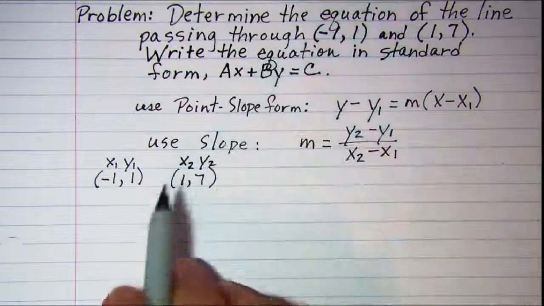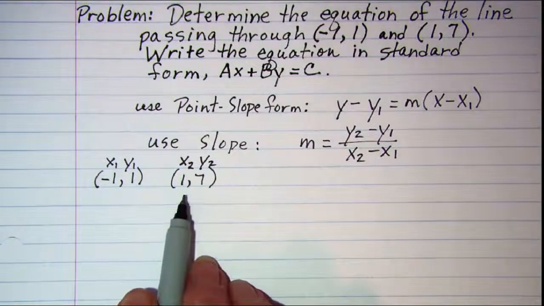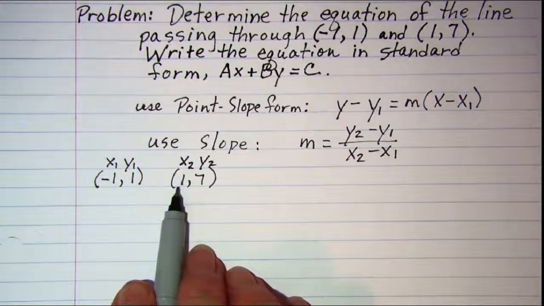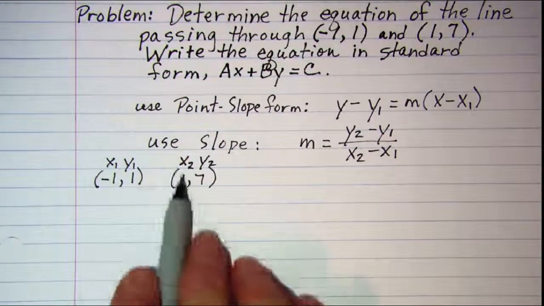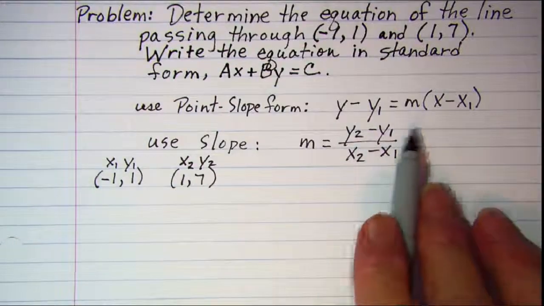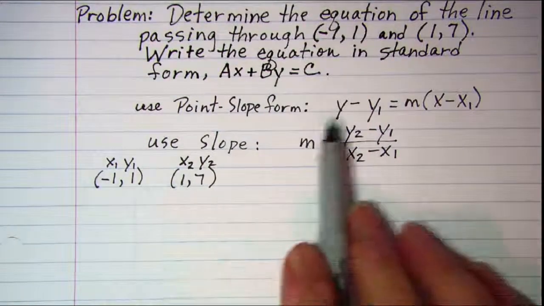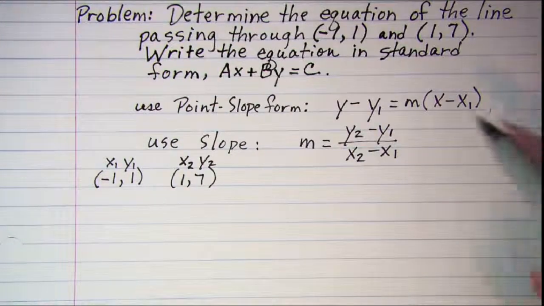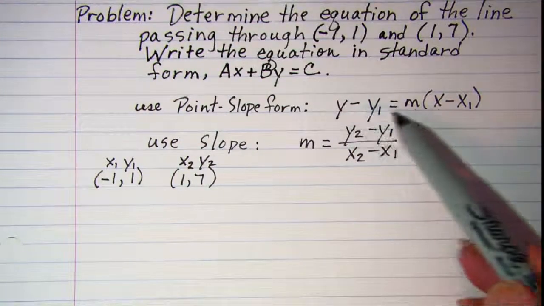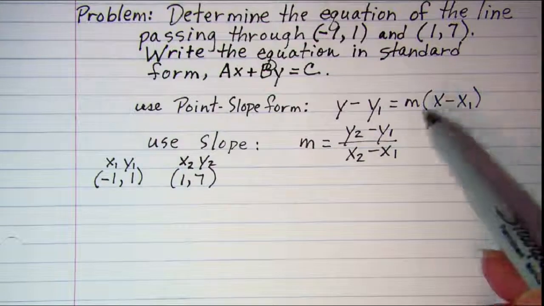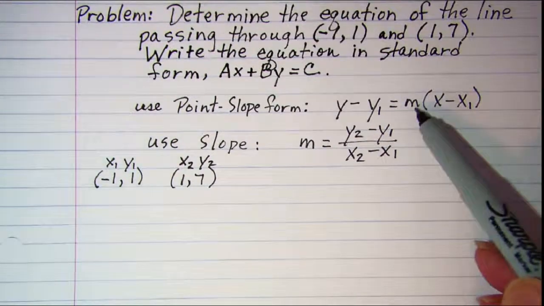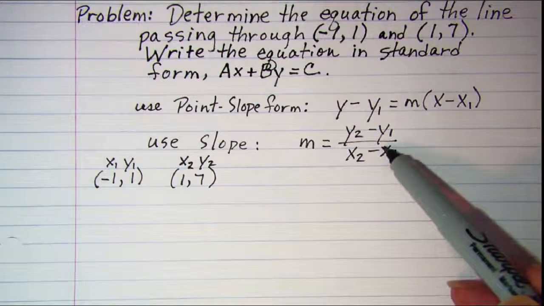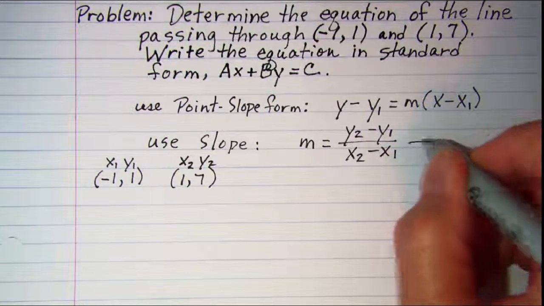And it doesn't matter, you could switch those around. I'm just going in order. But this will make it easier for us to just plug values into our equations. So the first thing we need to do, since the point-slope form of the equation of a line has to have an m value, let's go ahead and do this first. Let's find our m.